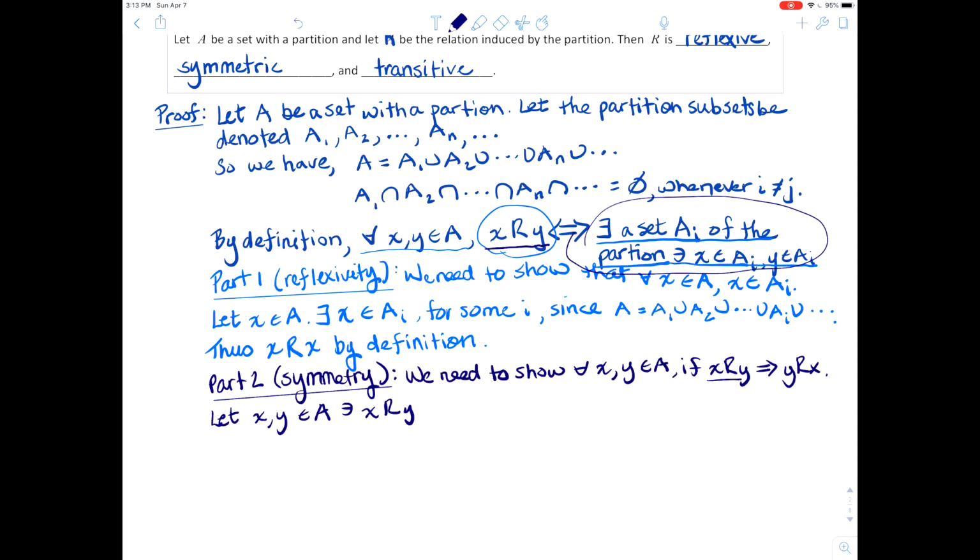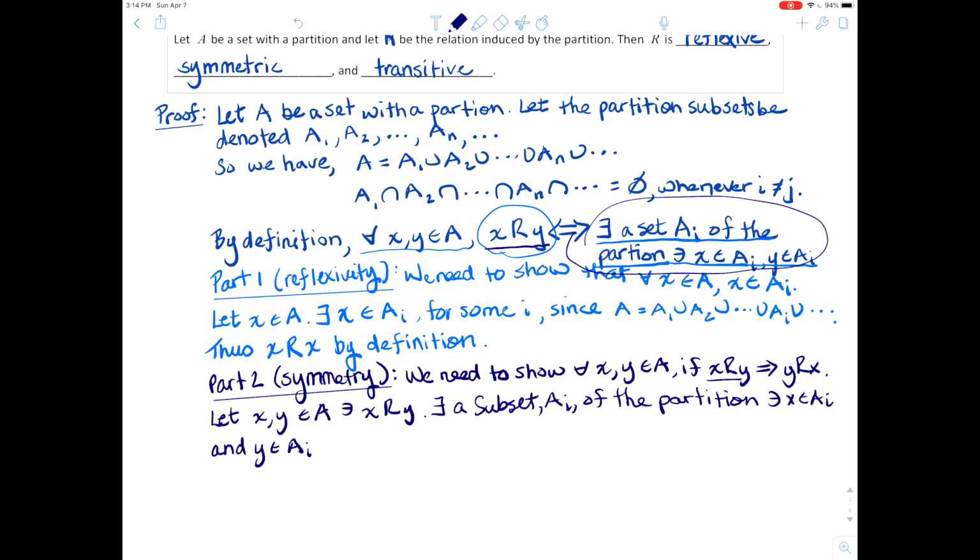So now, let's do it. Since this is true, right, there exists a subset AI of the partition such that x belongs to AI and y belongs to AI.